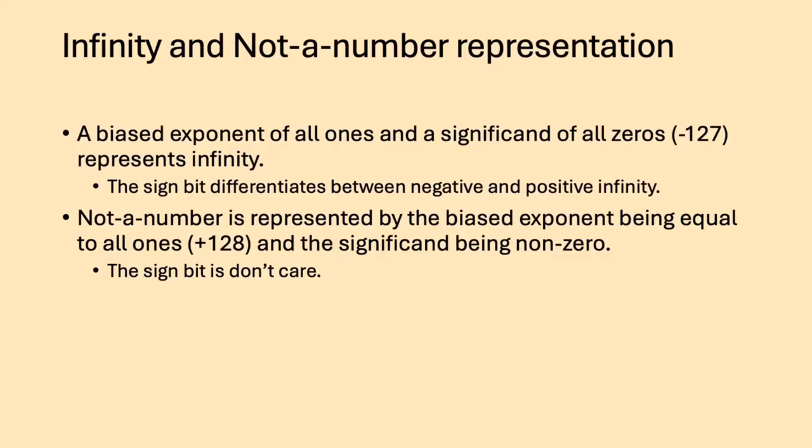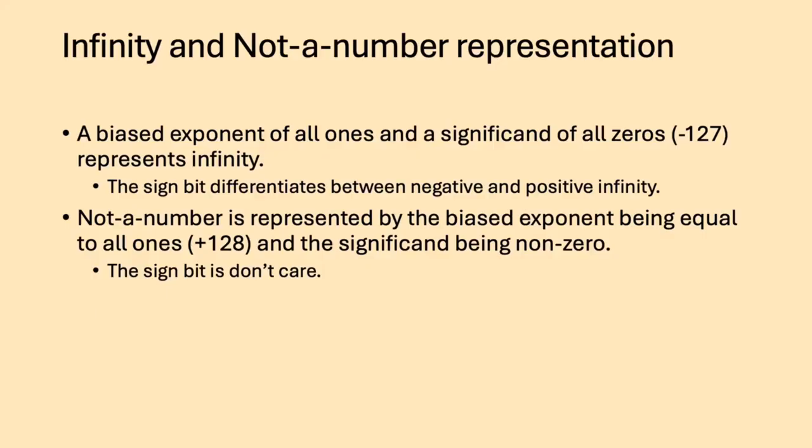The way the standard conveys not a number and infinity numbers to us is by using the bias value. If the exponent has an all ones value, then it represents minus infinity, since the sign bit is negative. If the most significant bit is a 0, then it represents positive infinity.